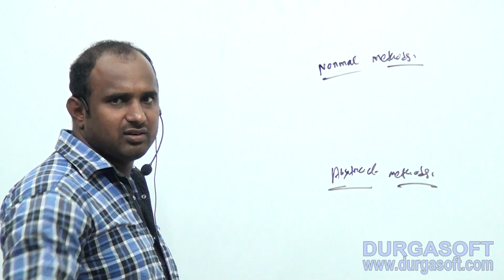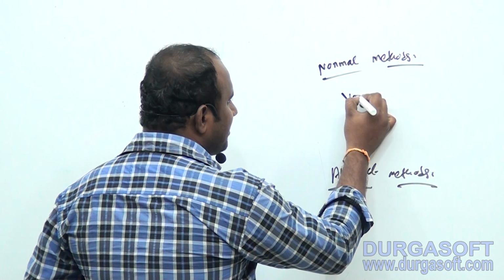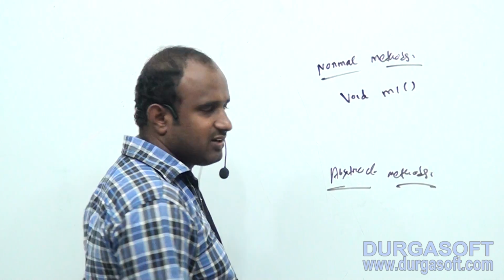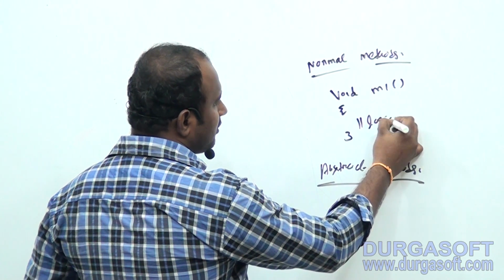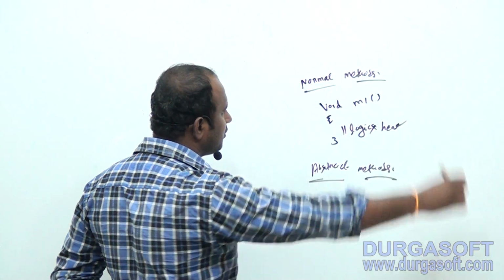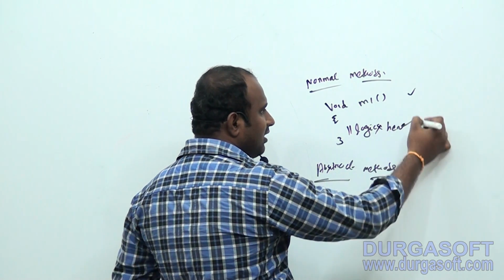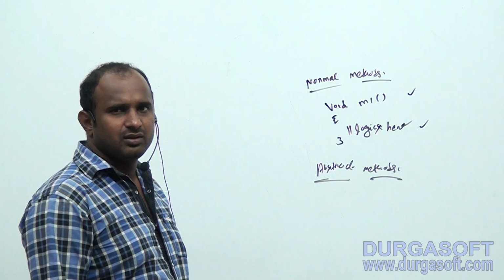Up to the last video, we were always writing normal methods. A normal method is a Java method. It contains a method declaration, void m1 is the method declaration, and we write some body, some logic, here. So a normal method contains a method declaration as well as method implementation. That is called a normal method.